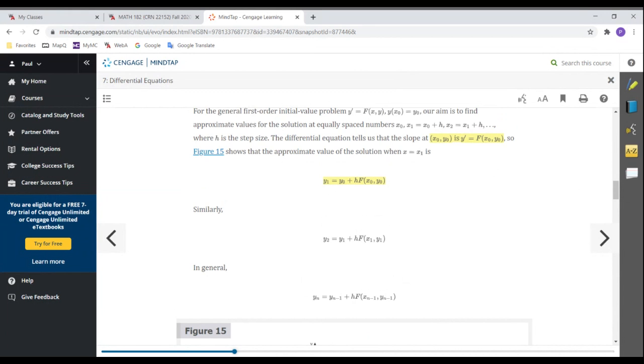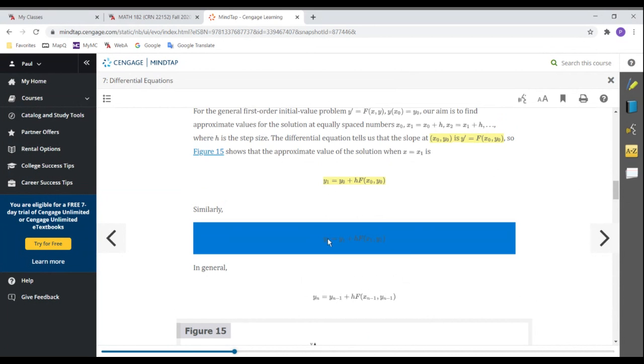It just means that your differential equation, y prime equals the right-hand side, which is going to be a function of x and y. And so the first iteration, y1 is going to equal y naught plus h, where h is your step size, times the slope, or the derivative of f at x naught, y naught.